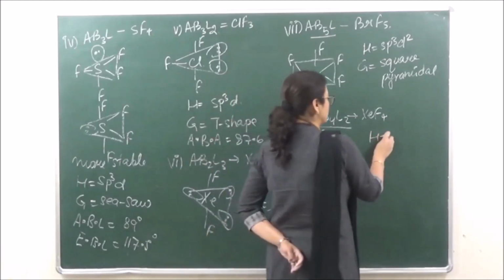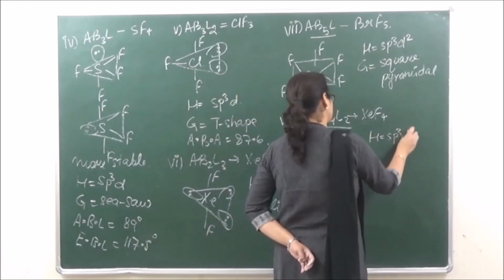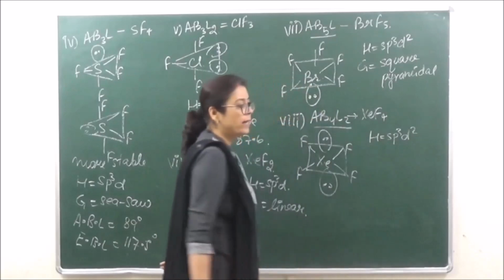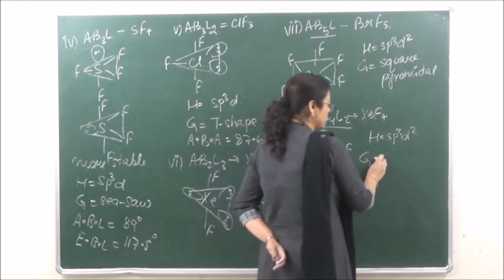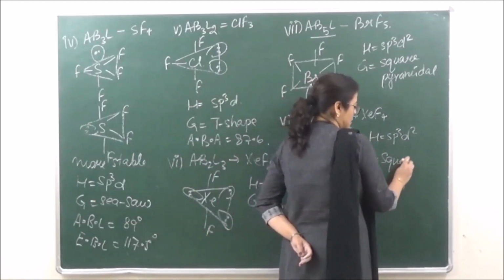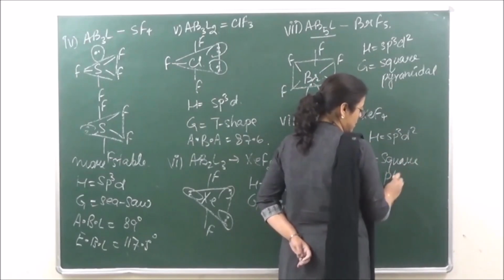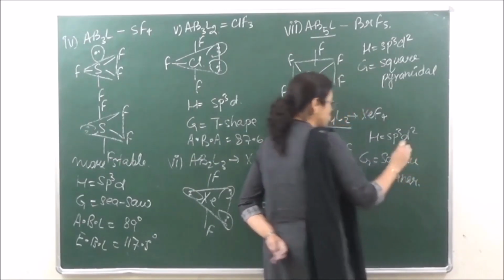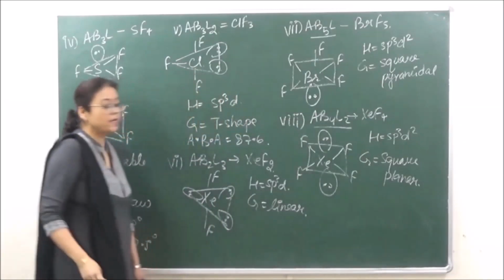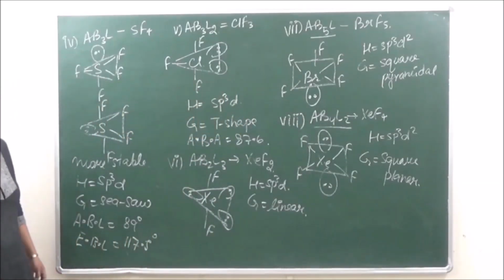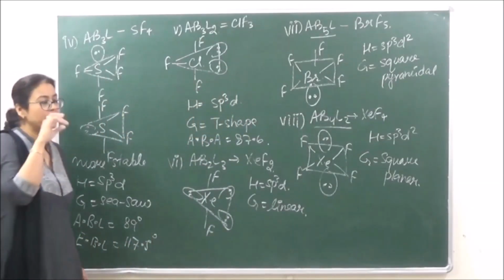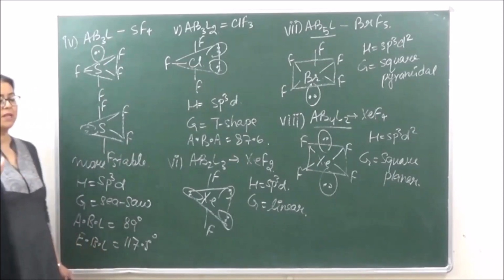Hybridization, sp3d2, and geometry is square planar. Right?